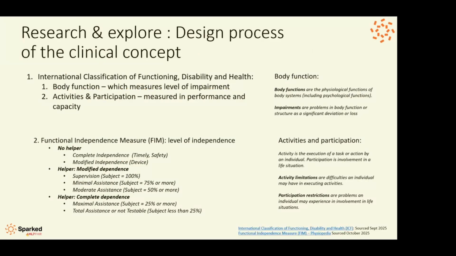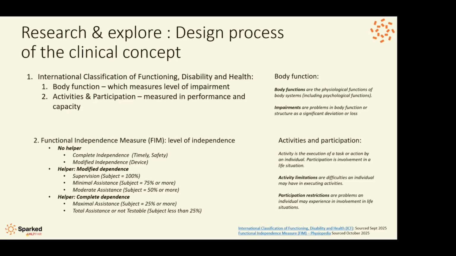There's a lot of research that we go through to try and help inform the clinical design and clinical information models. So for this area, we looked at the International Classification of Functioning and Disability and Health, and they classify functioning into two main areas, so body function and then how well the person can participate in the activity.